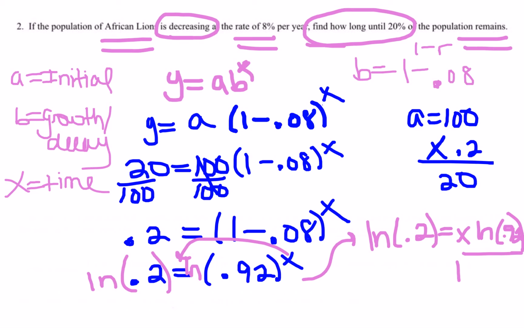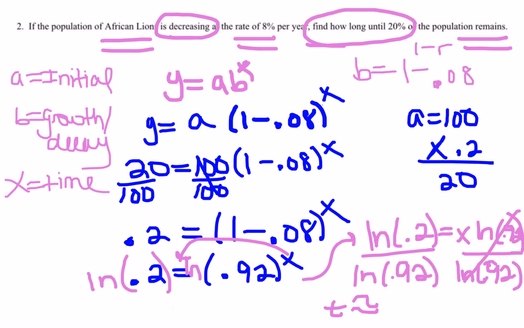And to get x alone, divide by ln of 0.92. And when you divide that, you should get x to be approximately 19.3 years. Okay, so this is your answer.